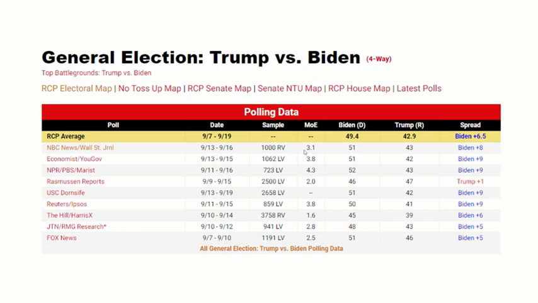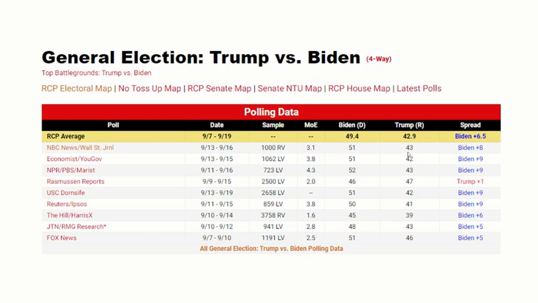So they do not predict that Biden will get exactly 51% of the vote. Instead, they are predicting he will get anywhere between 51 plus or minus 3.1% of the national vote, or from 47.9% to 54.1% of the national vote.